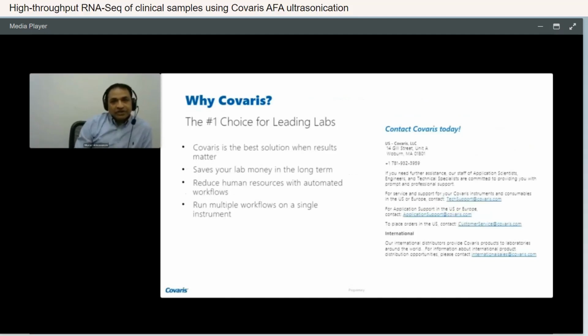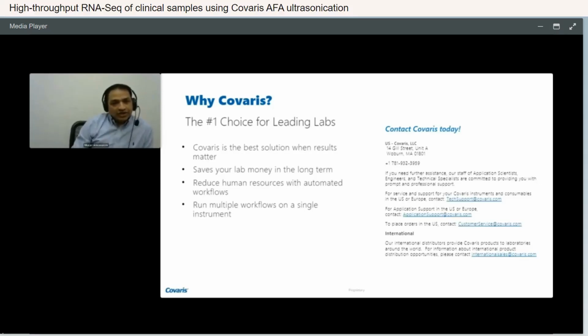In a nutshell, why Covaris? Covaris has been the gold standard for DNA shearing. Market recognition of our outstanding sample prep and DNA and RNA fragmentation capabilities is evident in several NGS library prep workflows, in the clinical, pharma, and R&D sectors. Our solutions reduce hands-on time and the financial burden of the lab.